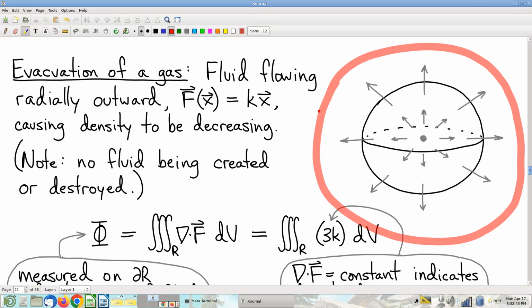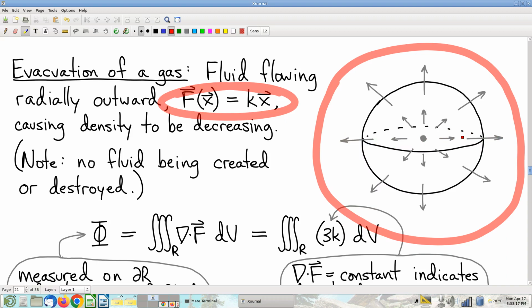And I argue that gas that's further away from the center will be moving faster, and gas that is closer to the center will be moving slower. After all, the gas that's at exactly the center will not be moving at all. The gas that's on this side will be moving to the right, and the further you go in that other direction toward the other side, the faster it'll be going in that other direction. So, just a plausibility argument, but this is what will describe that flow of gas.